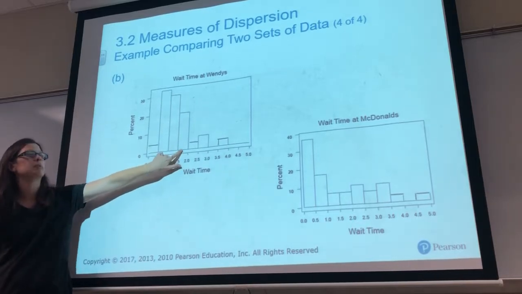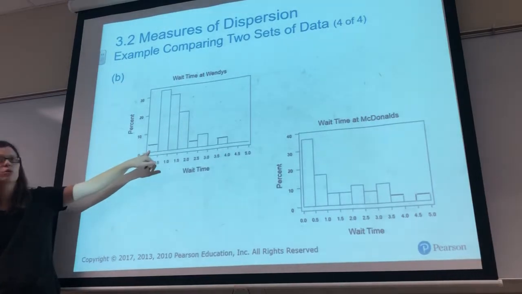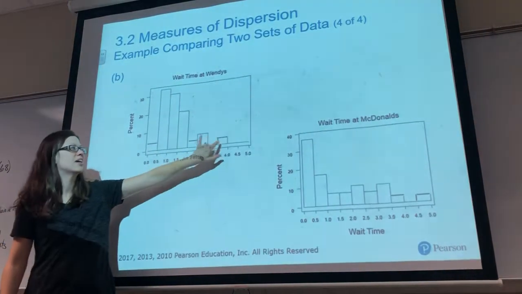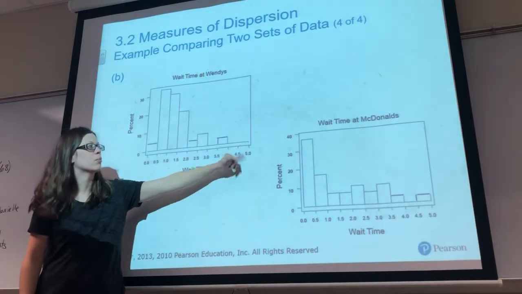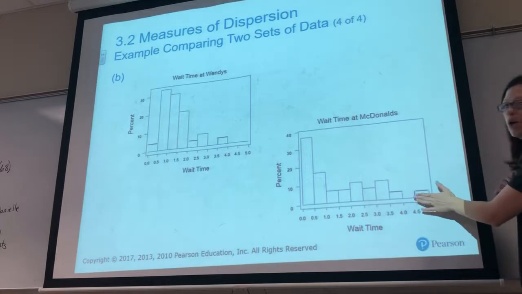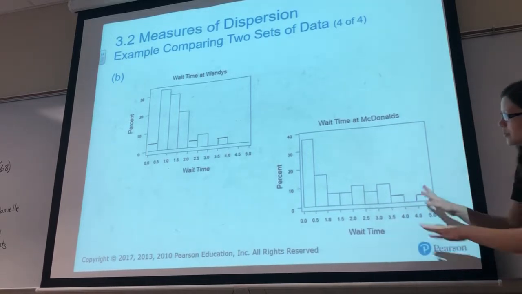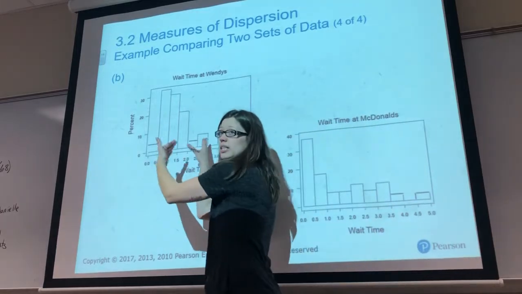So most of the people have to wait a moderate amount of time, a few people barely had to wait, and a small number had to wait more than that, but nobody more than 4 minutes. Whereas here you've got some people who waited up to 5 minutes. So this one's a little bit more spread out on the number line. These are a little bit closer together.